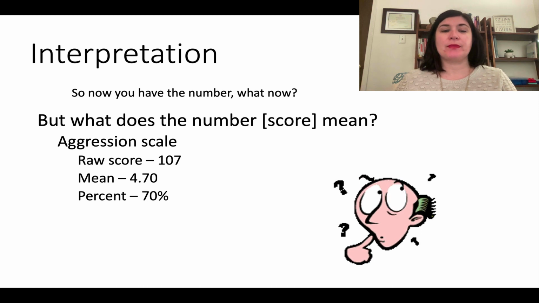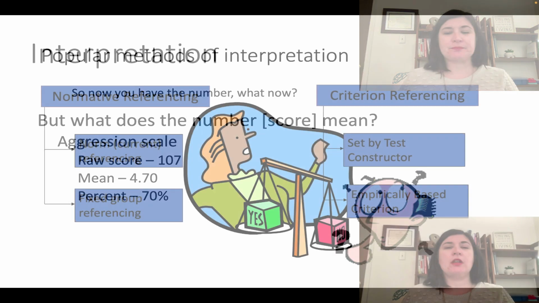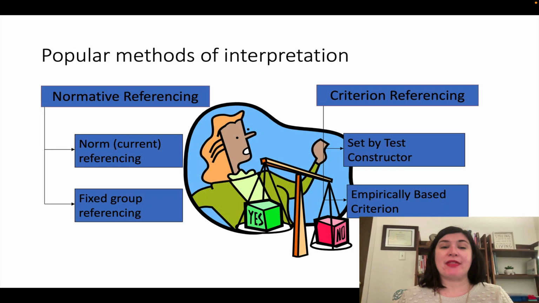For example, let's say we have a raw score of 107 on a measurement tool. The mean is 4.7 and the percent is 70%. Again, what does this mean? Here are some popular methods for interpretation of a score. There is normative referencing, so we look at the norm and the current referencing of that norm, so where it's listed from the norm.